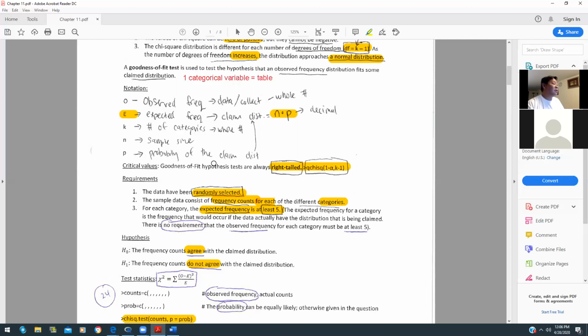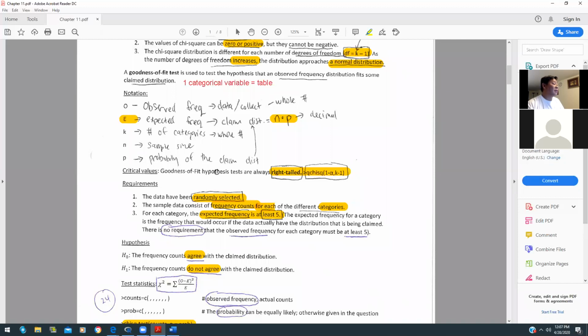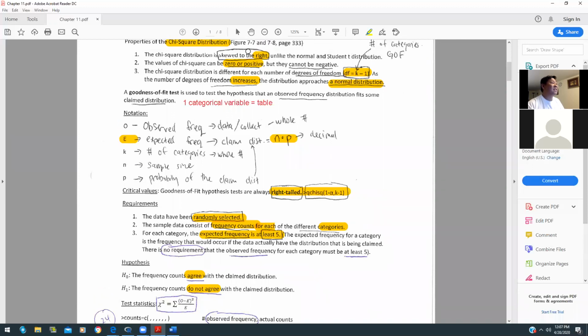I just want to point out to you that when you guys do a goodness of fit test, you always do a right tail test. So all your chi-square distribution is always skewed to the right. So when you skew to the right, it is a right tail test in this case. So this is something that you need to watch out for, because in this chapter 11, I do ask for the critical value.